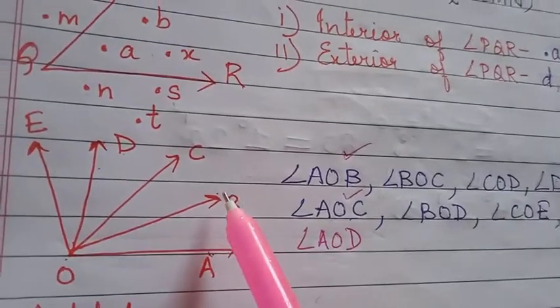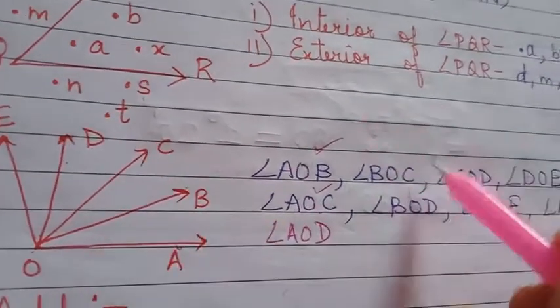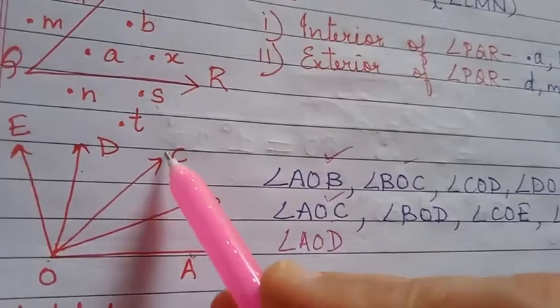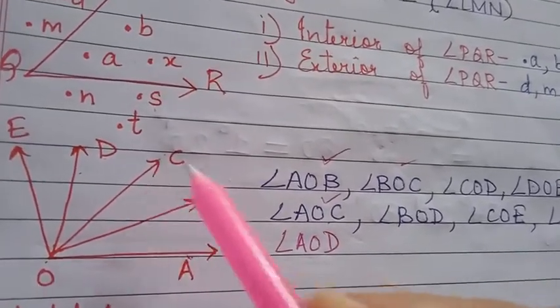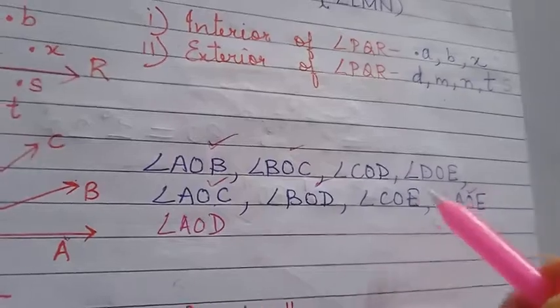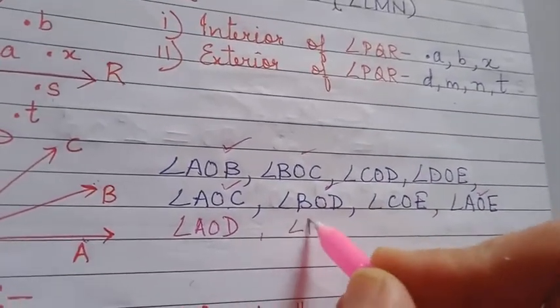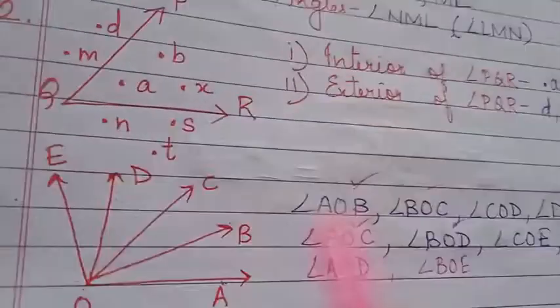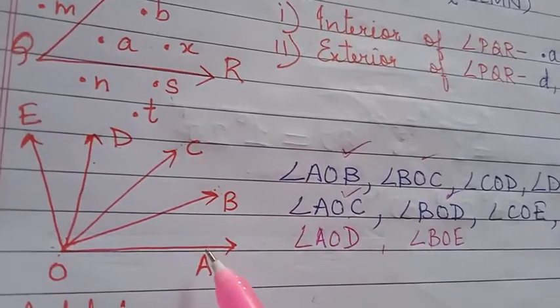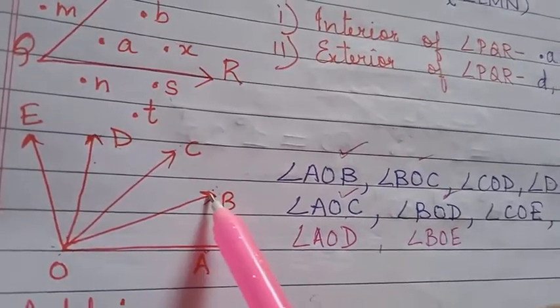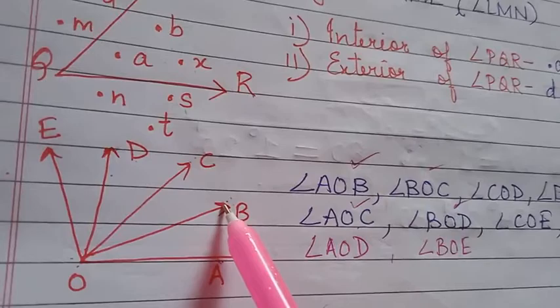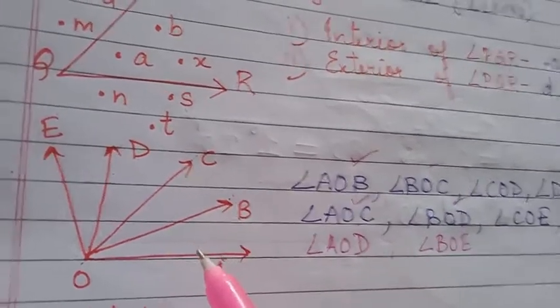Now B. Angle BOC, which is here. Then angle BOD, which is here. Angle BOE, which is here. So we have written all the angles formed with A first, then B. Why? So as to make our work easier and systematic.